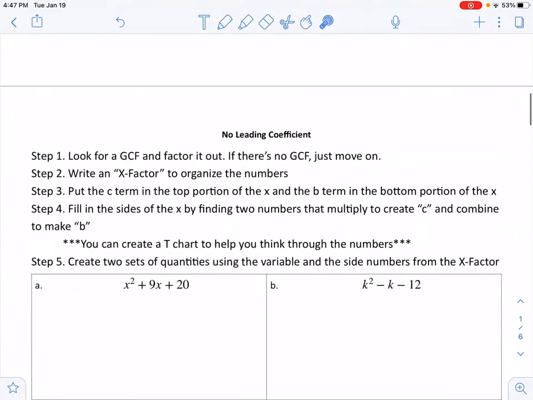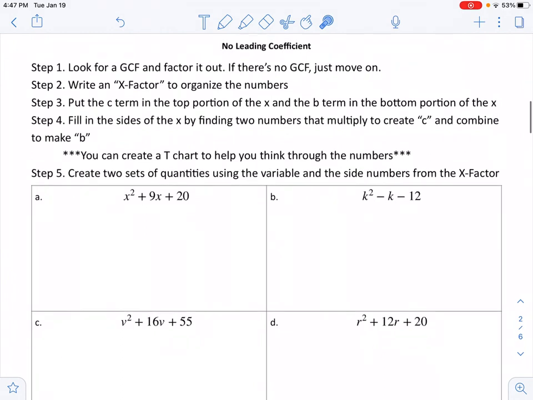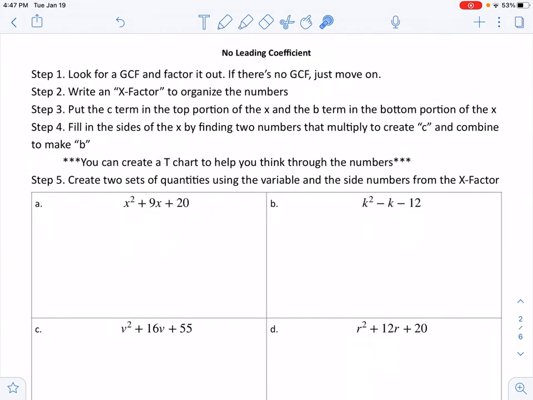In fact, steps 1 through 5 here, for now we're going to actually factor to get our quantities that multiply. Steps 2, 3, and 4 are what I just taught you.